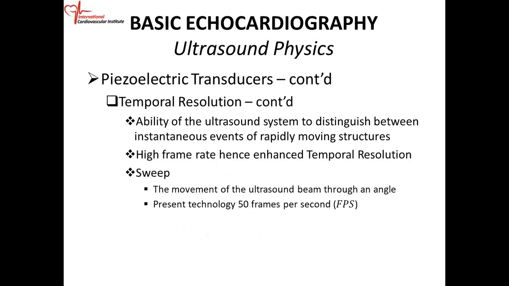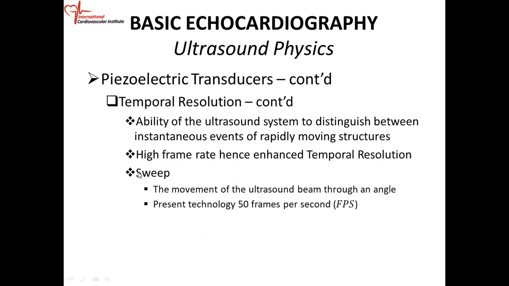If you have rapidly moving structures, you need something that's going to give you a very high temporal resolution for you to image that structure properly. So with a high frame rate, your temporal resolution will be very good. The higher the frame rate, the higher the temporal resolution. So you try and get that concept.